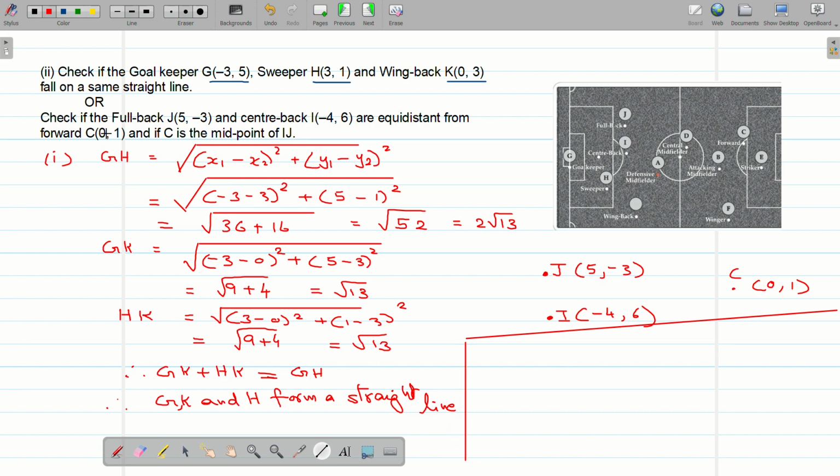Or check if the full back J (5, minus 3) and the center back I (minus 4, 6) are equidistant from forward C (0, 1), and if C is the midpoint of IJ.